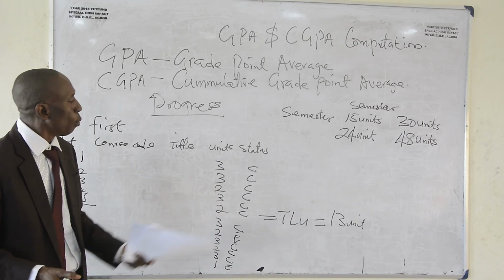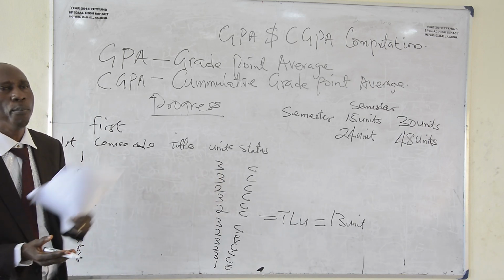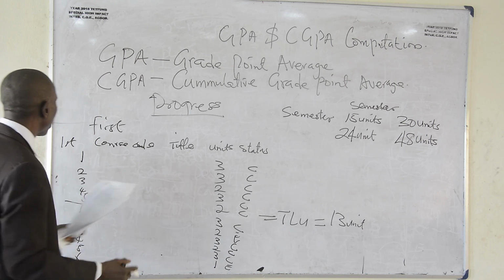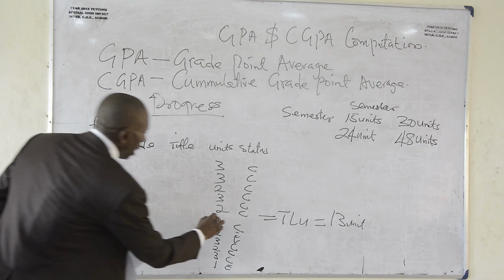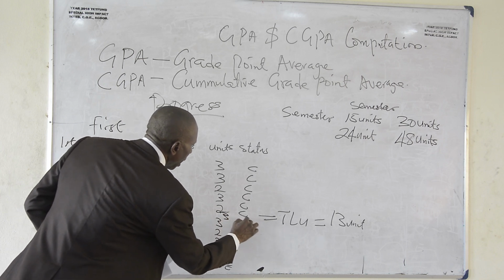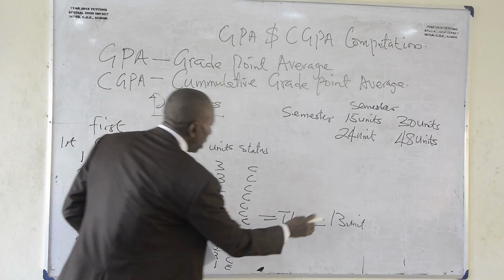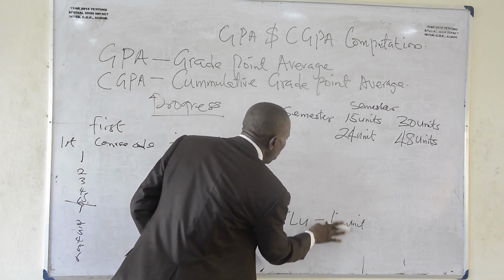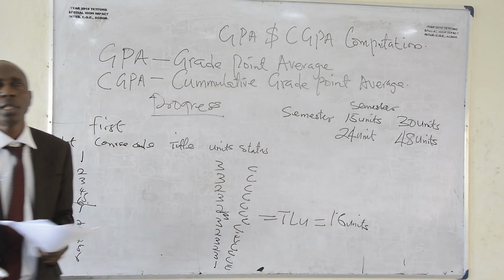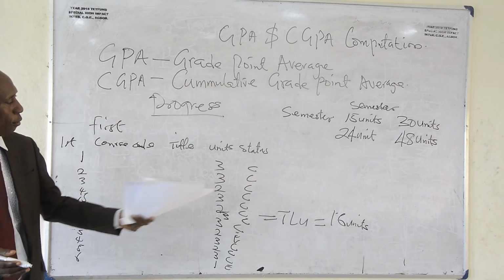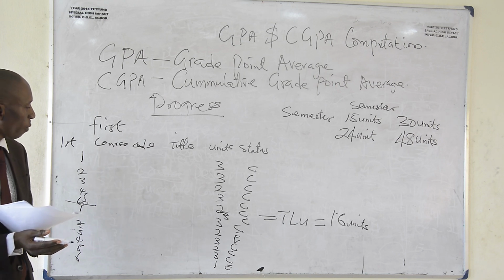So the student must be made to register a minimum of 15. And so we are going to add another course of 3 units and it is C. And then in this case, it will now be 16 units. That is the minimum this student has registered for this semester.